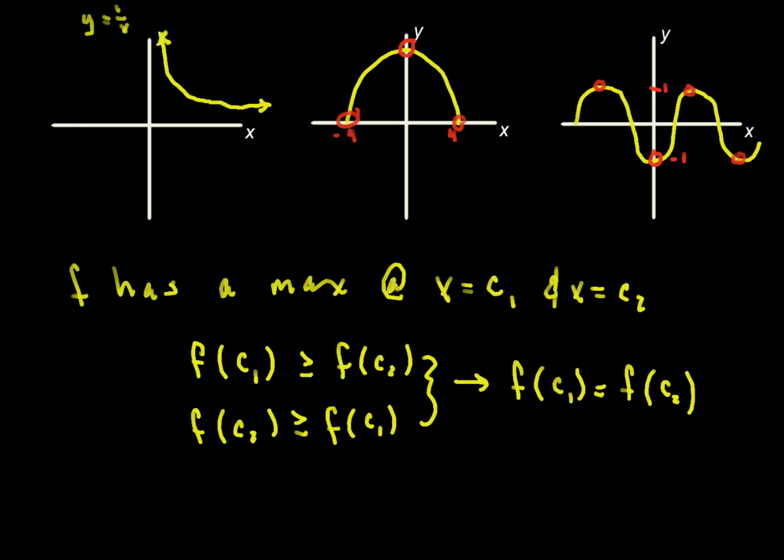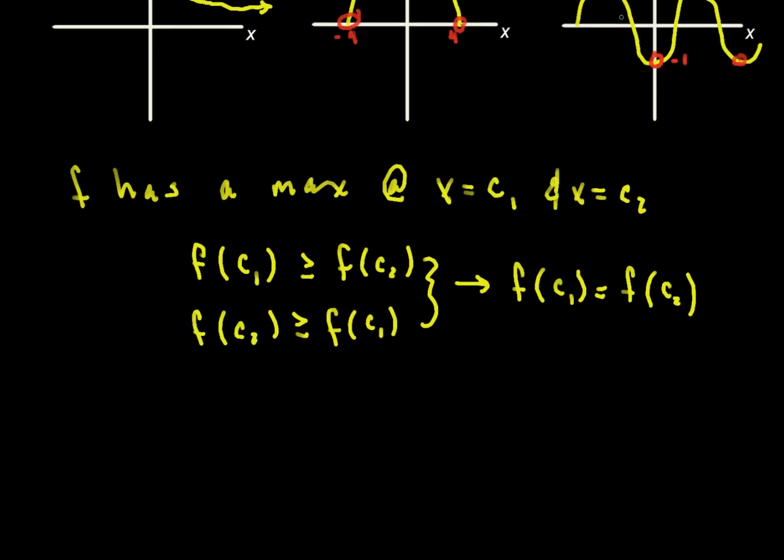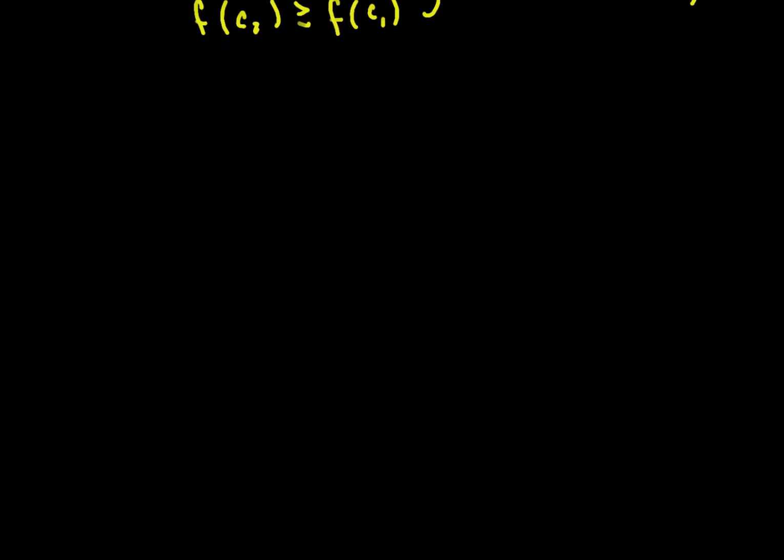How do we find the spots, c1, c2? In this case, how would we find where this minimum value is? Now, granted, in these cases we can look at the graph and know some things about the function to determine it, but we'd like to use calculus to find those spots where we have a max or a min.